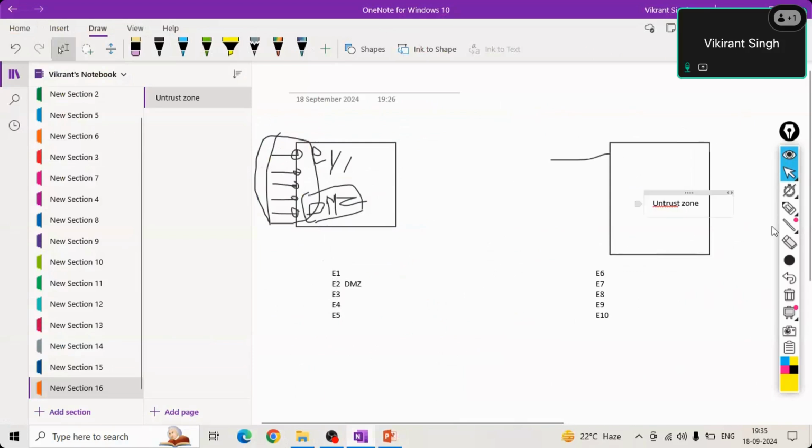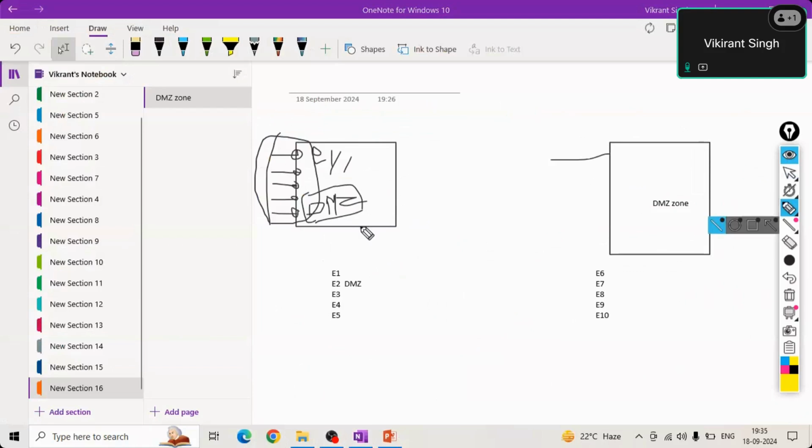Suppose this is also DMZ, and this is also DMZ. So both are DMZ, right? So there is no security policy required to allow the traffic between these two because both are DMZ zones.